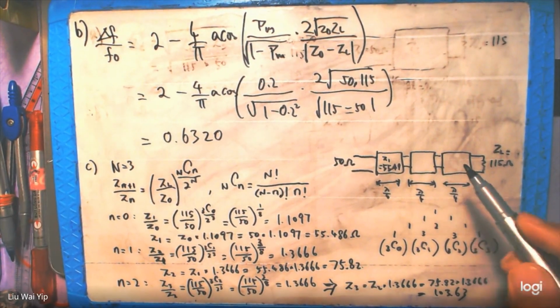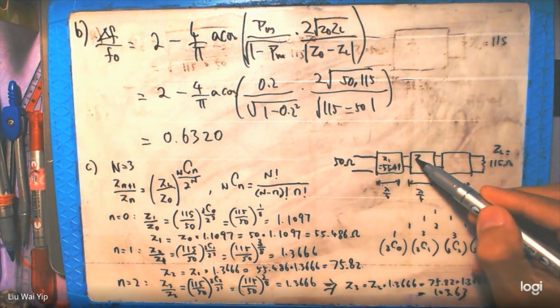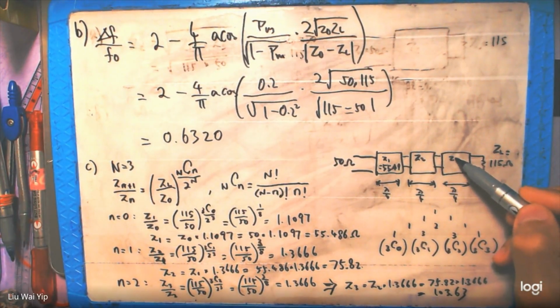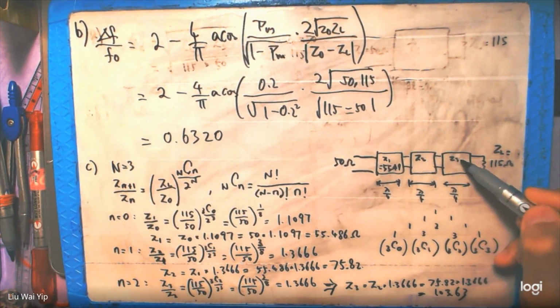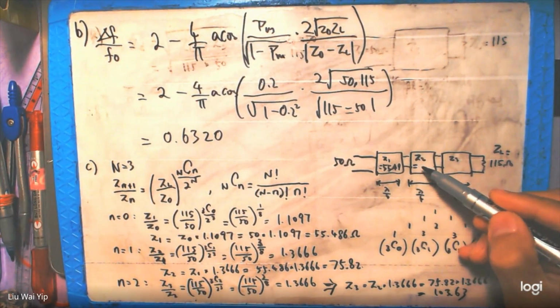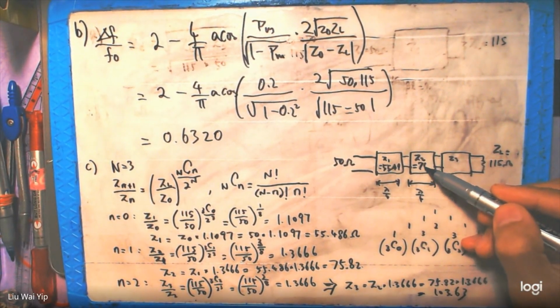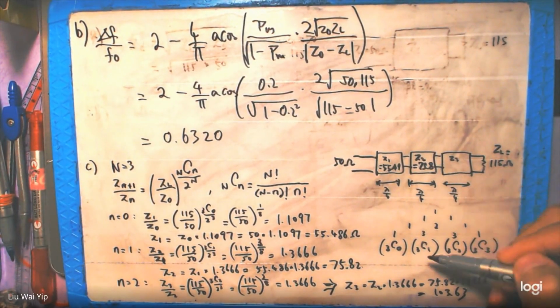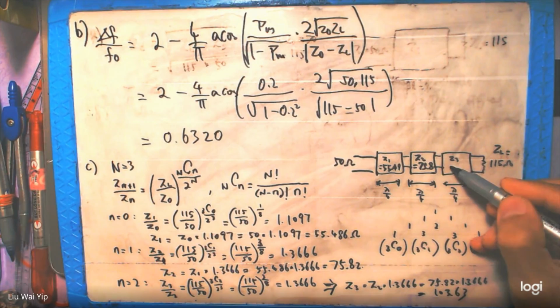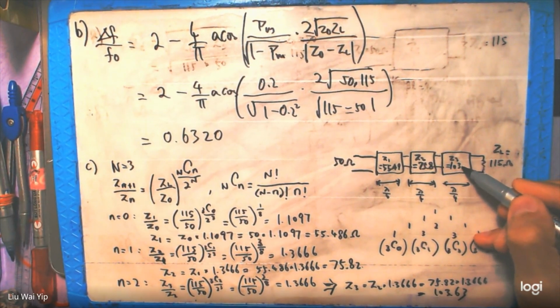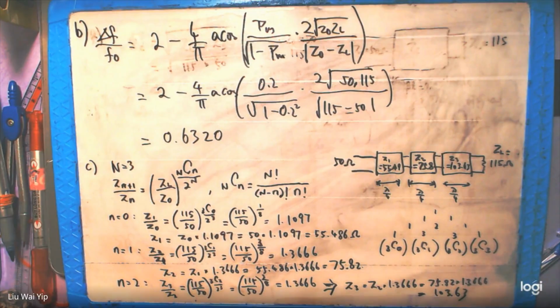So you got all the answers. So from what I can get, 75.8, and here 103.63. So this is the answer to part C of the question.